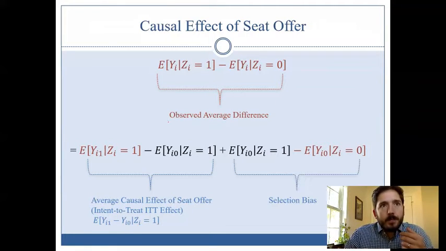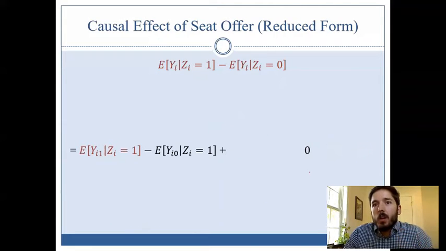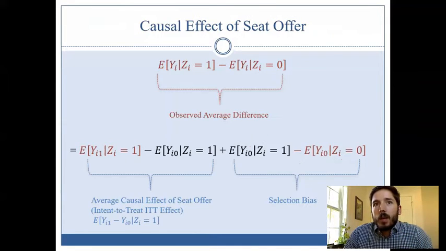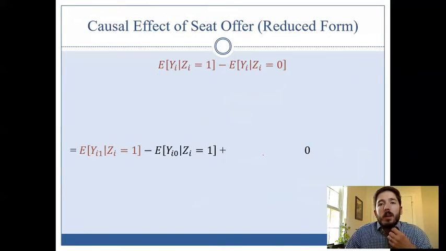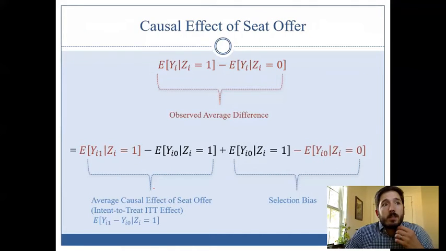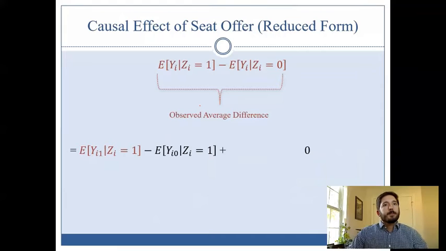And then we've got our selection bias here, which, since the seat offer is randomly assigned, is going to be 0. So that's what we call our reduced form estimate, which gives us that intent to treat effect, or the effect of the seat offer in this case.